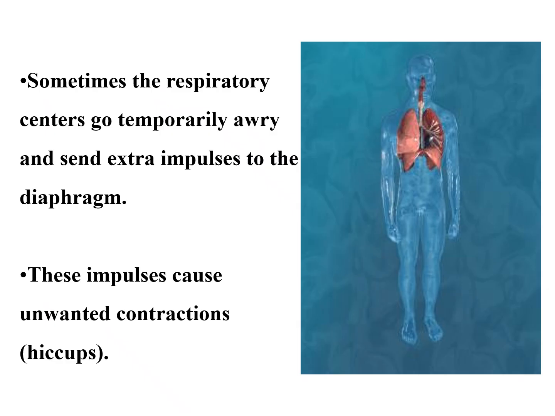Now, sometimes the respiratory centers can go temporarily haywire. They can wind up sending extra impulses to the diaphragm, and these impulses can cause unwanted contractions, like, for example, hiccups. One of the things that's kind of interesting to note is that younger individuals, so kids, for example, toddlers, school-aged kids, have a higher incidence of things like hiccups than do older individuals.